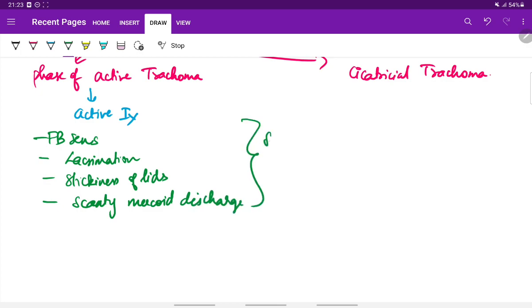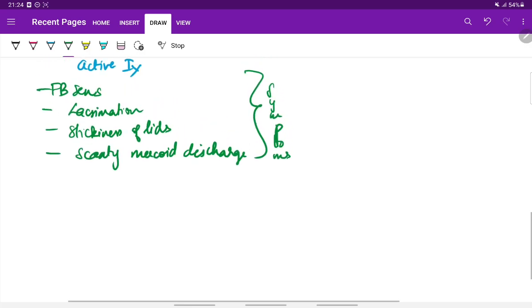These are the symptoms. Next, the signs of the phase of active trachoma.